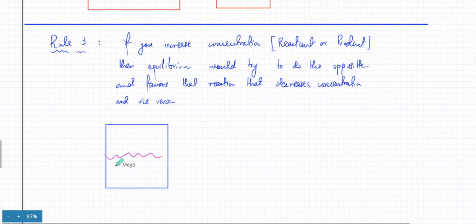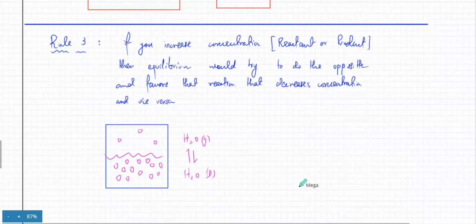You have liquid water, H2O in liquid state, and it's evaporating and forming gaseous vapors, and they are in equilibrium. The reaction is going forward, and the reaction is going backward. Both evaporation and condensation are happening.